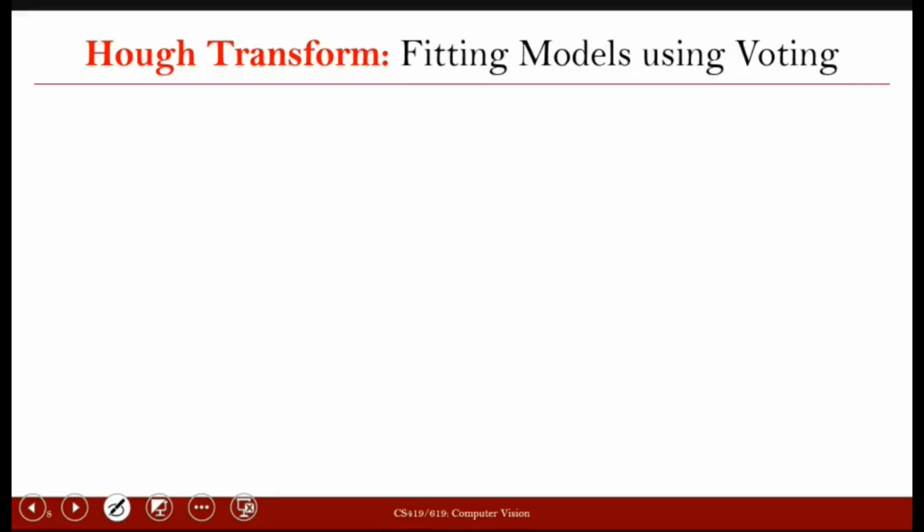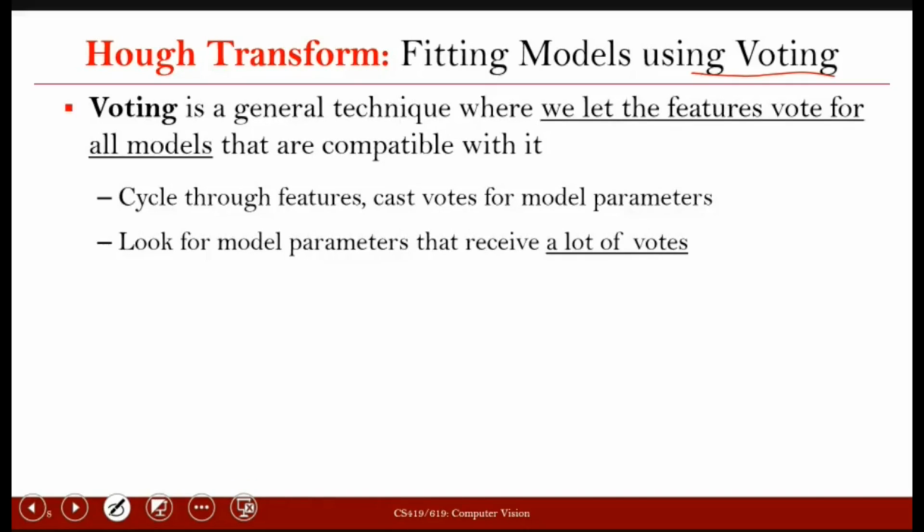Hough transform provides us a systematic way of detecting models like lines or circles or even generic shapes by using a method which is based on voting. Okay? So we'll see the details of this here.